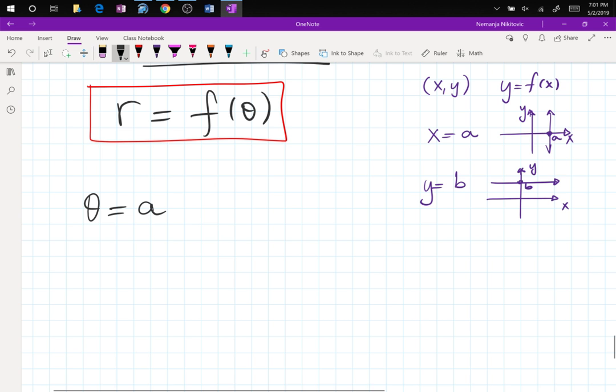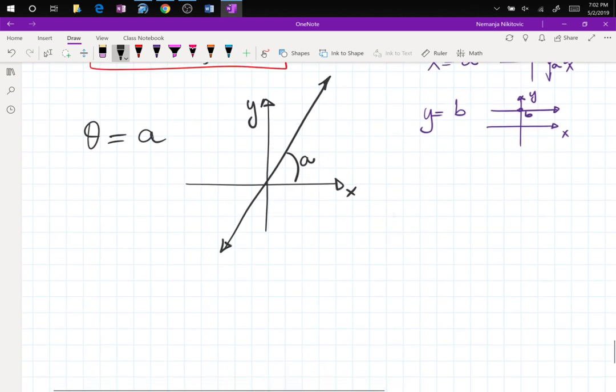If you graph it, it's a 60-degree line. It's the infinite straight line through the origin at 60 degrees. So if theta equals a, you are getting some line at the angle a that is infinite and goes through the origin. That's what you're getting as a basic function, theta equals a.